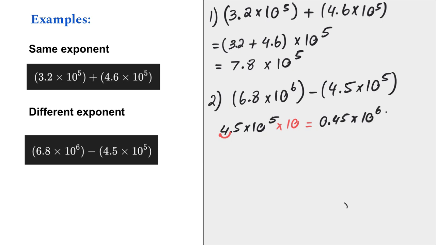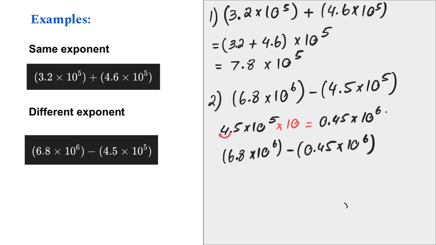Now our equation becomes 6.8 times 10 to the 6th power minus 0.45 times 10 to the 6th power. As you can see, now our exponents are matching and we can subtract.